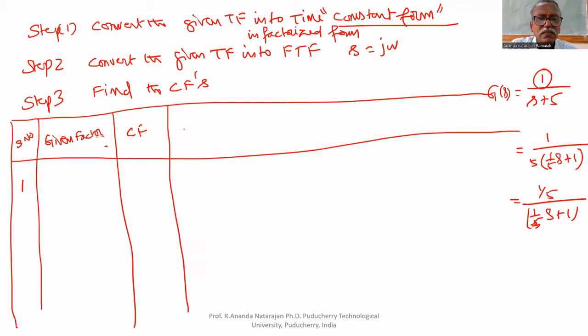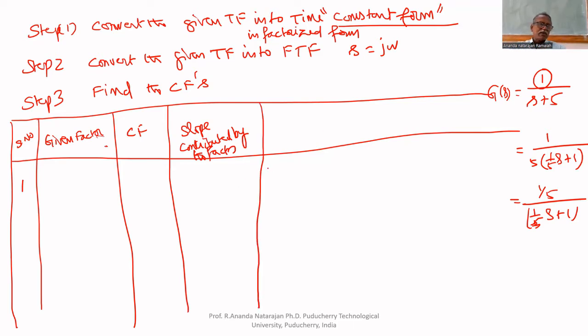The third one is the slope contributed by the factor. In this case, the factor is 1 by 5 s plus 1. That is the given factor.